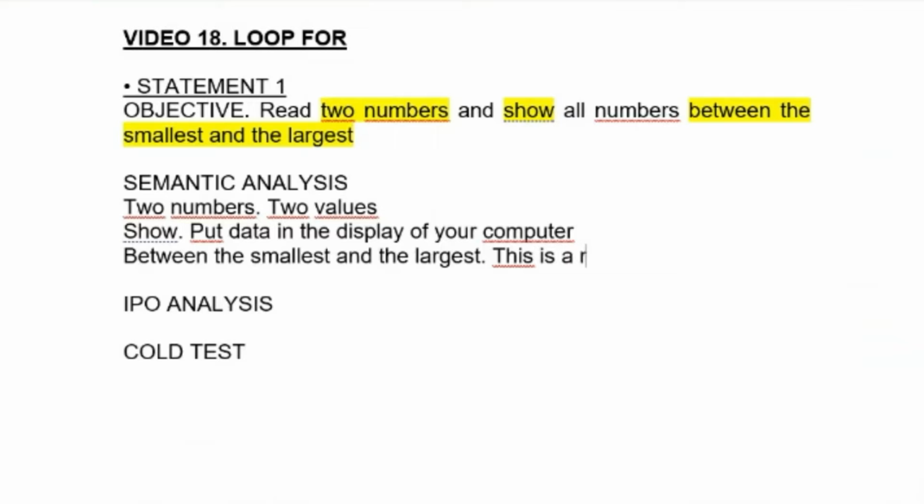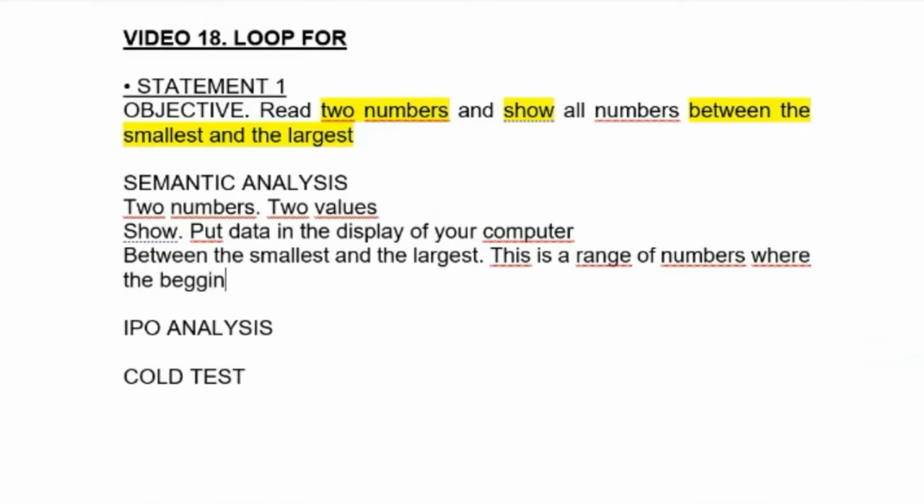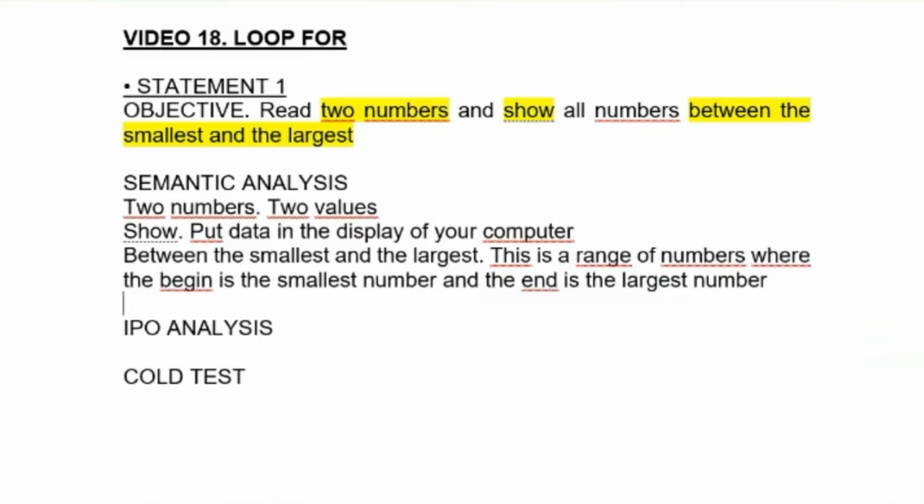This is a range of numbers where the begin is the smallest number and the end is the largest number. Okay, if you understand the semantic analysis, you really understand the objective. Remember that. If you can write a semantic analysis, you can say, hey, I understand this objective.